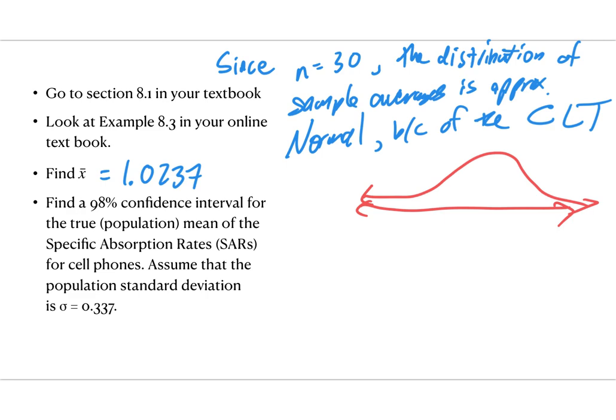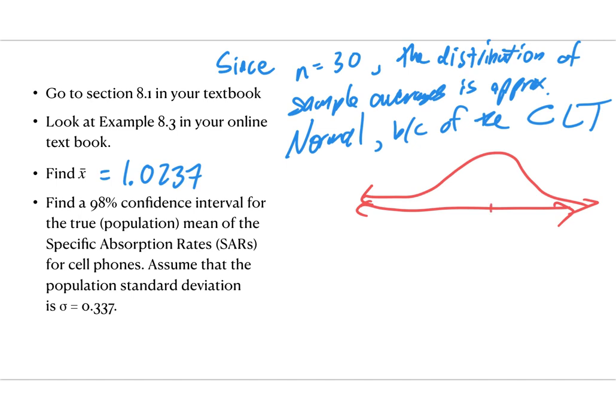So every time, if you're going to draw a normal curve, you need to explain why you're drawing a normal curve. If the parent population was normal, we could say since the parent population is normal, the sampling distribution of X bars will also be normal. But in this case, there was no such statement about the original distribution of SARs. Therefore, we have to go with n is 30, which is the central limit theorem.